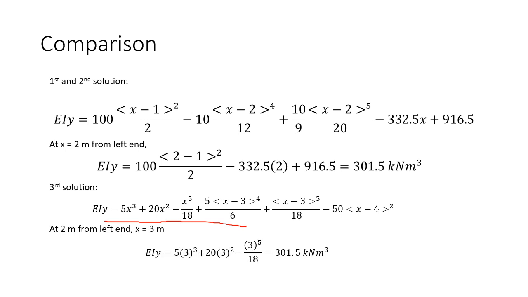Okay? And what would you get? You would get the same value, 301.5 kilonewton meter cube. So, different equations, same value. Okay? So, that's how you extend to the left.